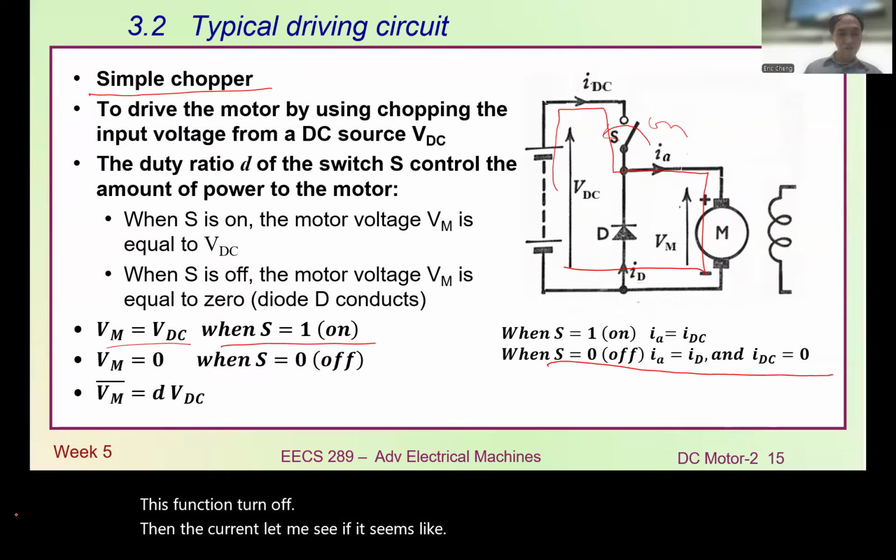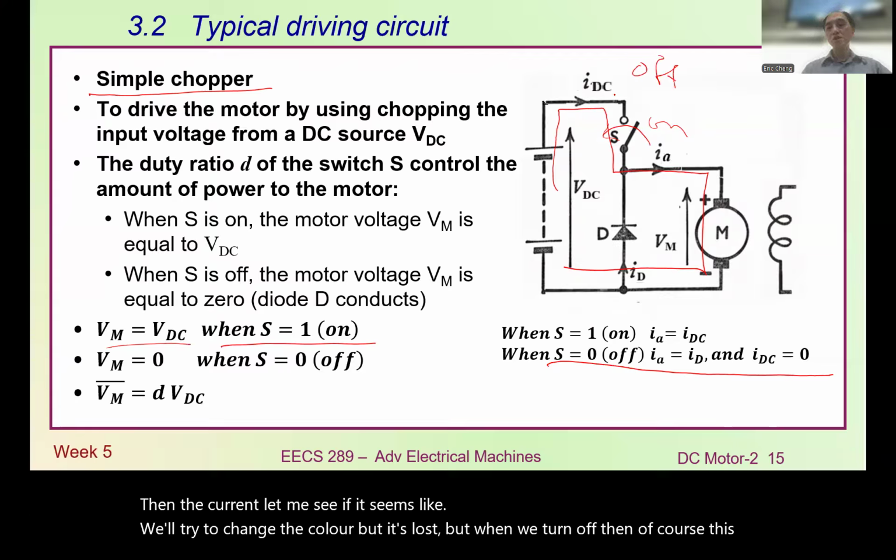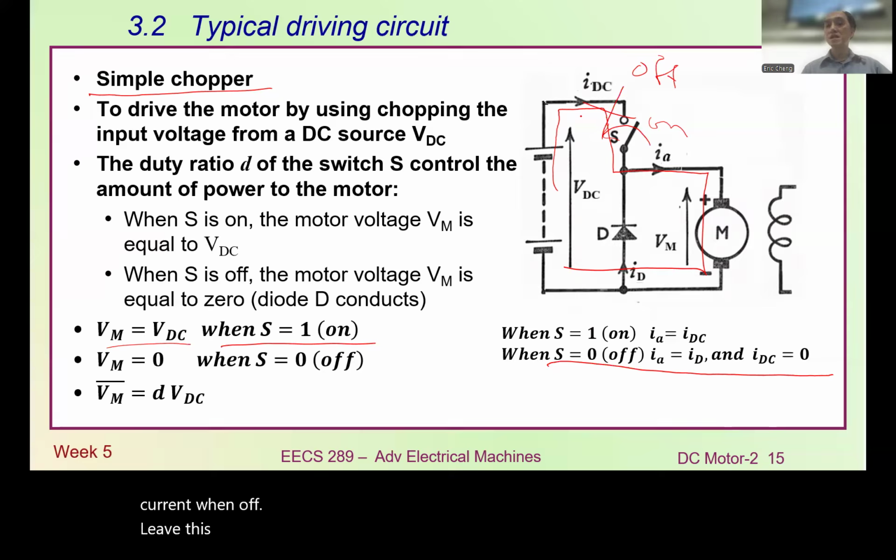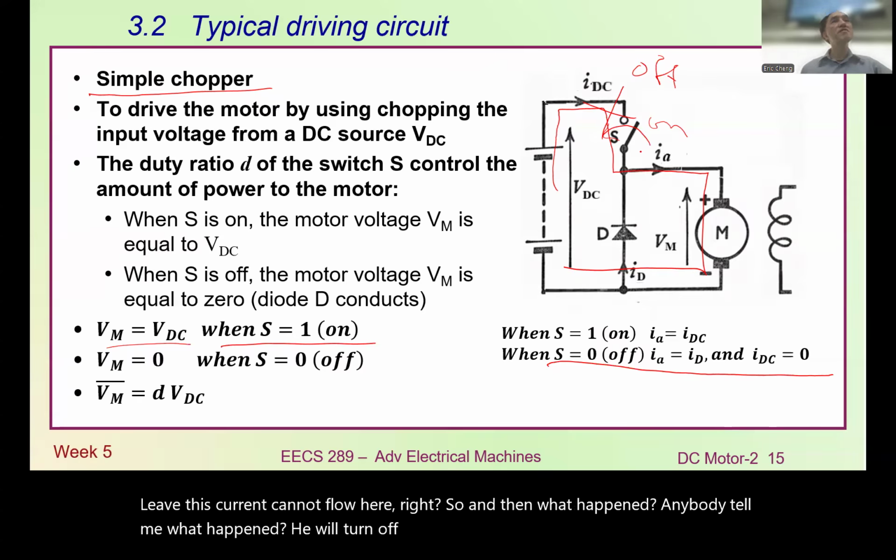But when we turn off, of course this current cannot flow here in the off state, right? So what happened? Anybody can tell me what happened if we turn off the S? No current can be delivered from the DC source to the motor.